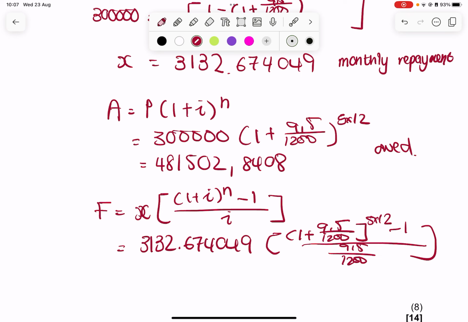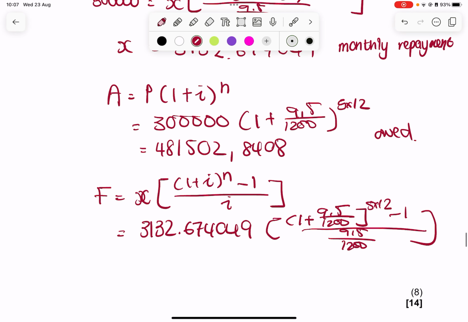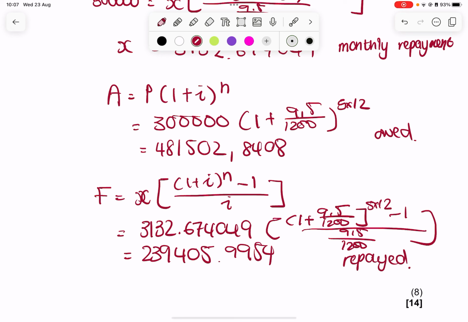Put that into your calculators and you get 239,405.99. Okay, so this is how much she is paying off. So she repaid that much.